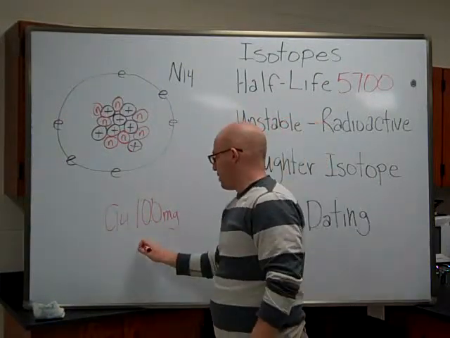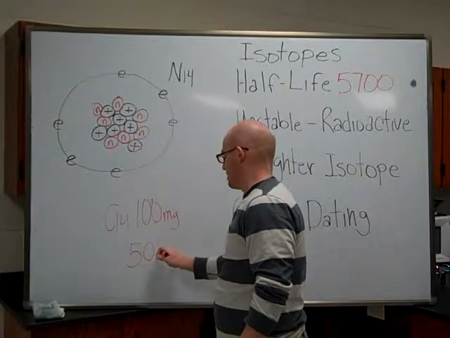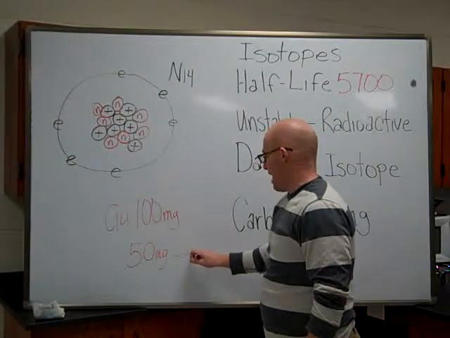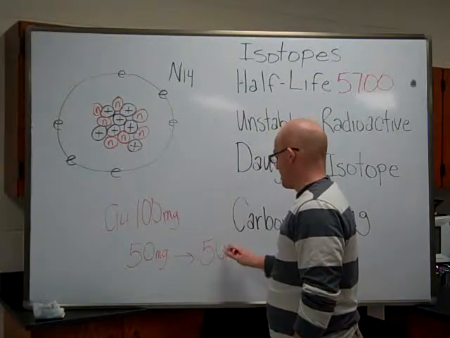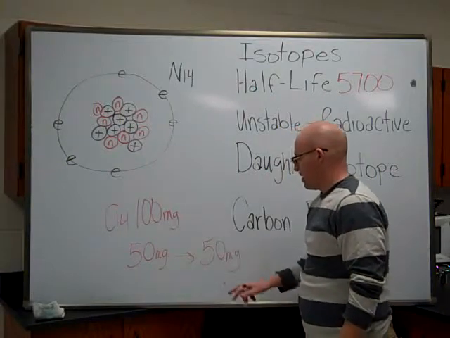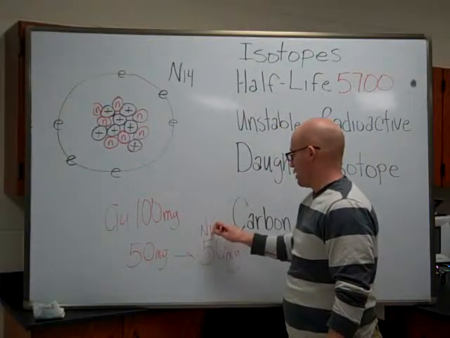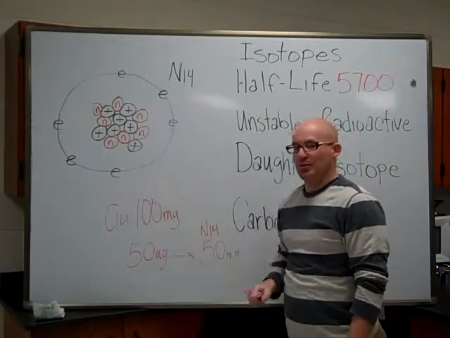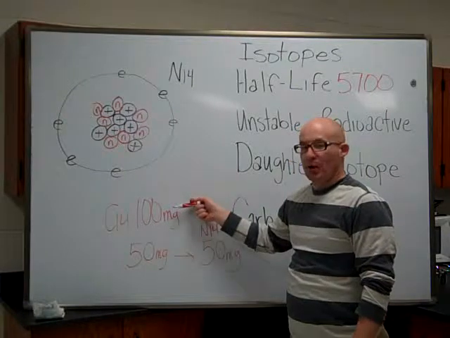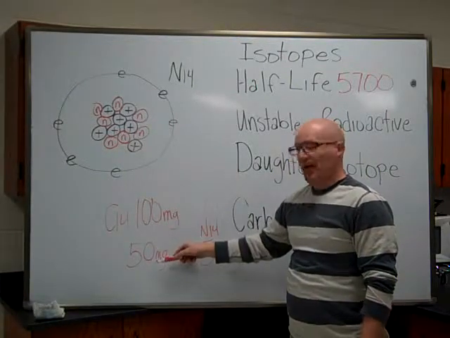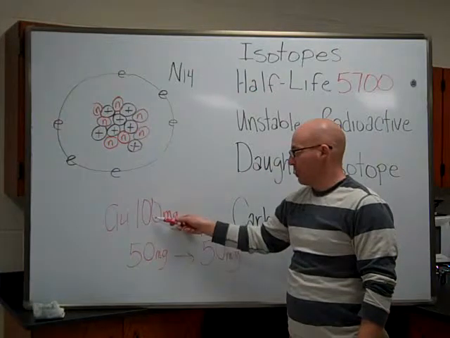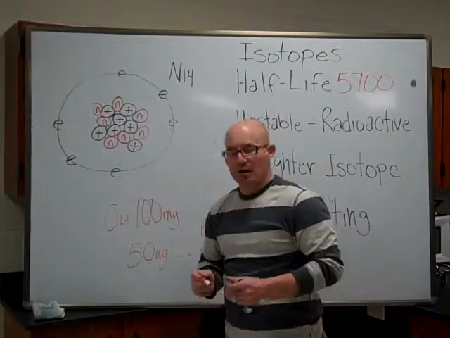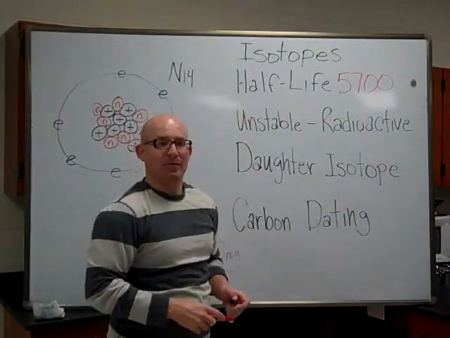After one half-life, I would have 50-ish milligrams left, but I also would now have 50 new milligrams of nitrogen-14. Every atom of carbon-14 changes into nitrogen-14. So I look at the two numbers, compare them, and see what percentage is remaining and how many half-lives have passed.